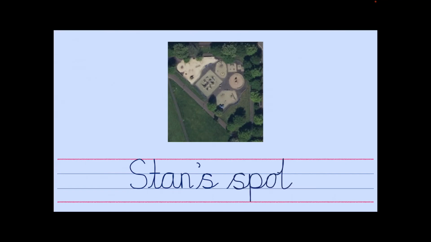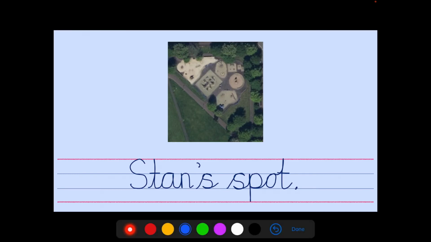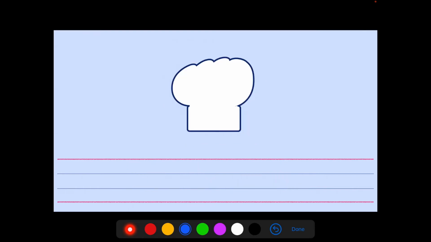And a full stop at the end of our sentence. Now, all of that is quite straightforward. But if you have a name that ends in an S, things can be a little bit different.